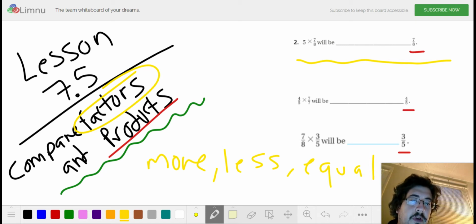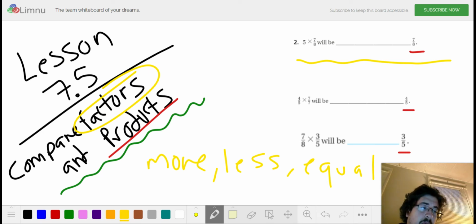The way we figured that out is if you look at the three numbers in this number sentence, we have a whole number 5, we have a 7/8, and then we have a 7/8. The number that's not repeated, the number that's not the product, is 5, and that's going to tell us whether or not we're going to end up with something more than 7/8 or less than 7/8.